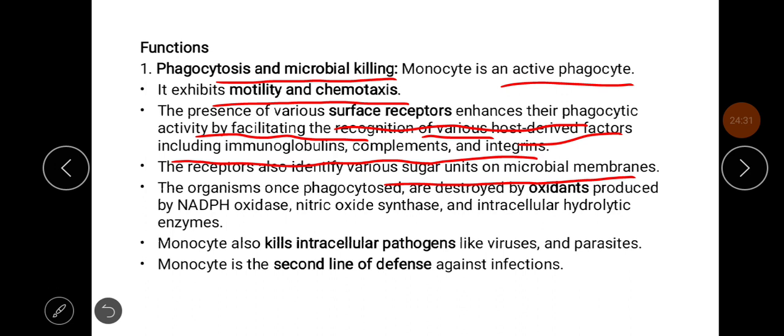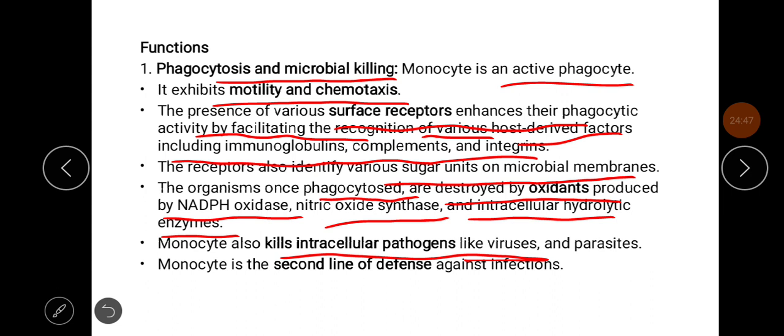The organisms once phagocytosed are destroyed by oxidants produced by NADPH oxidase, nitric oxide synthase, and intracellular hydrolytic enzymes. Monocyte also kills intracellular pathogens like viruses and parasites. Monocyte is the second line of defense against infections.